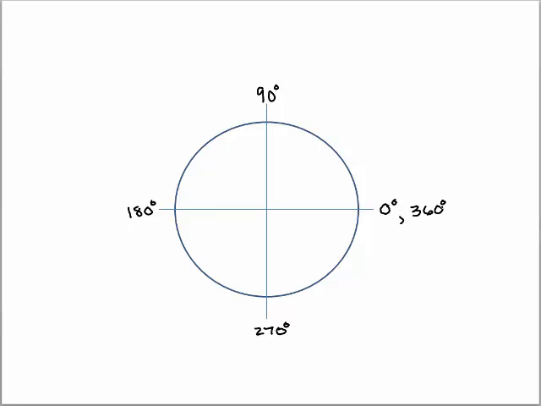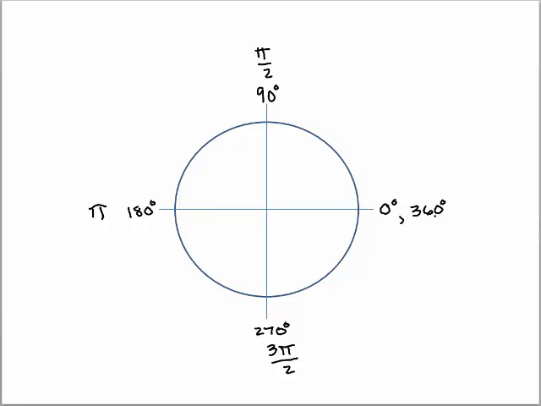Now let's put those terms in radians. They're the same distance on the circle, they're just put in different terms. So 90 degrees equals pi over 2. 180 degrees is the same thing in radians as pi. 270 degrees is 3 pi over 2.